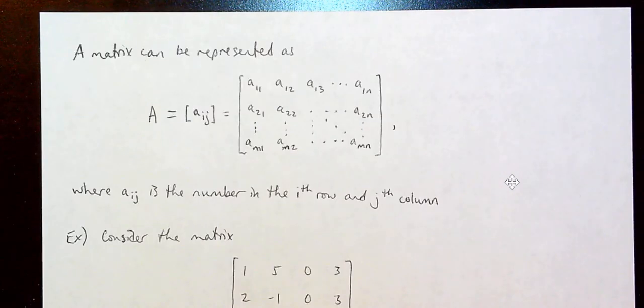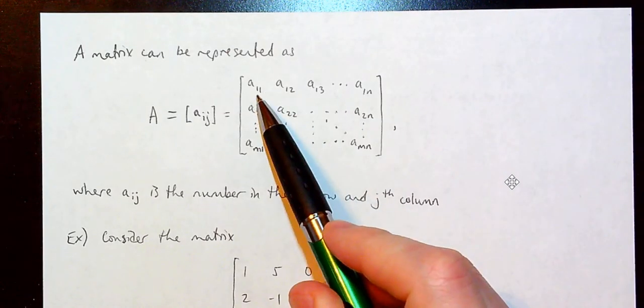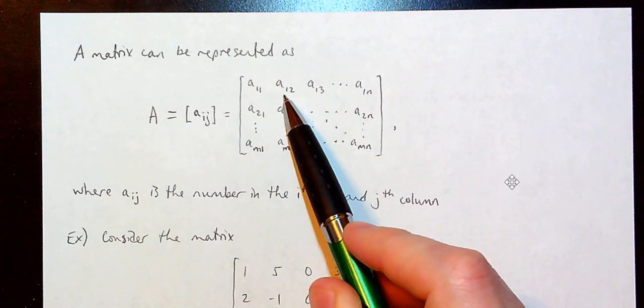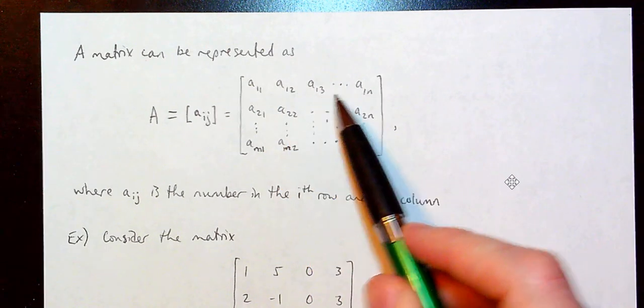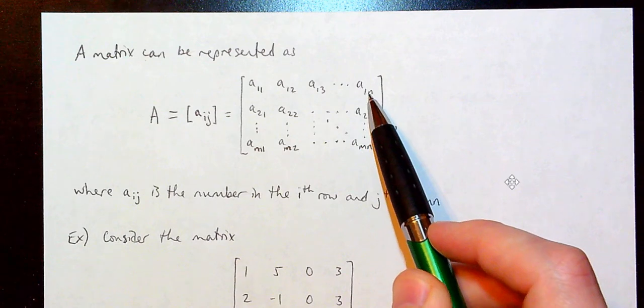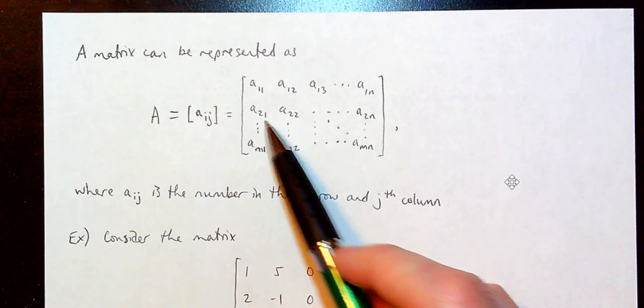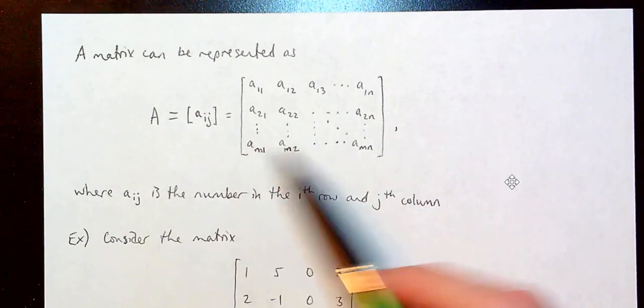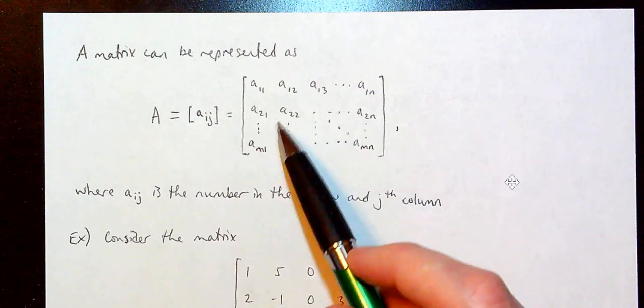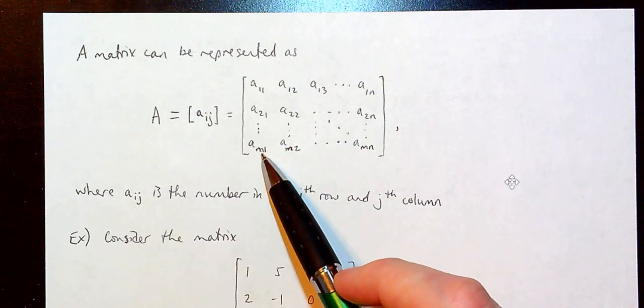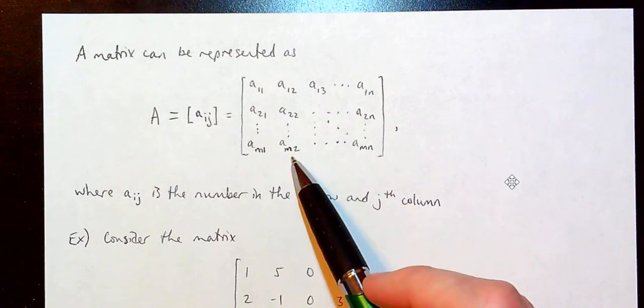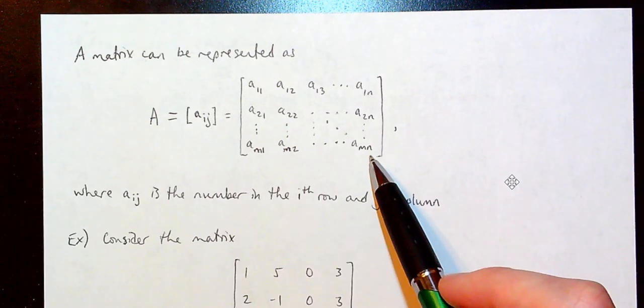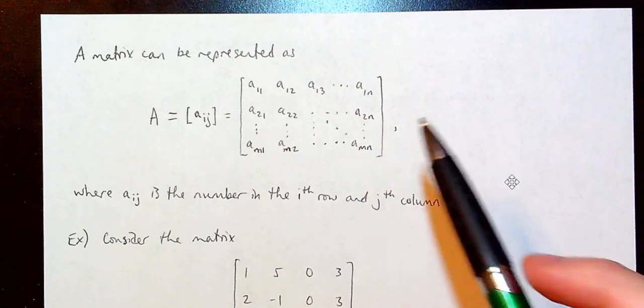And what they actually look like are things like this: A sub 1,1, A sub 1,2, A sub 1,3, all the way over to A sub 1n, A sub 2,1, A sub 2,2, all the way over to A sub 2n. And then you go all the way down to A sub m1, A sub m2, and then over all the way till you hit A sub mn.